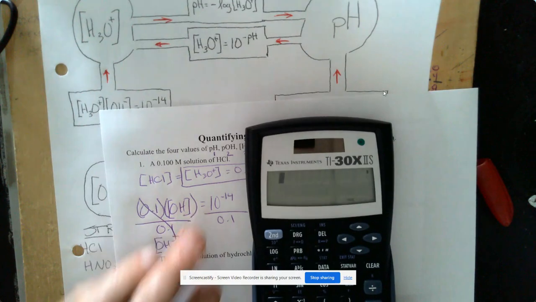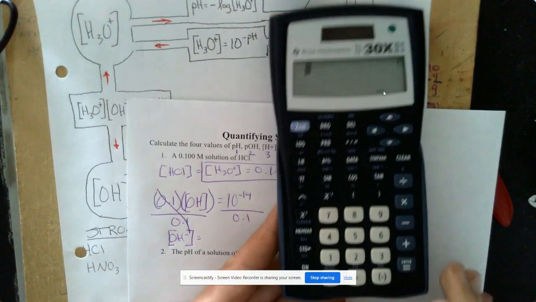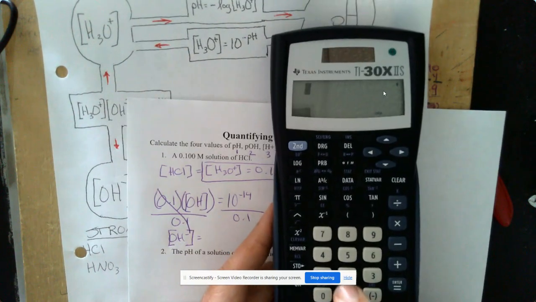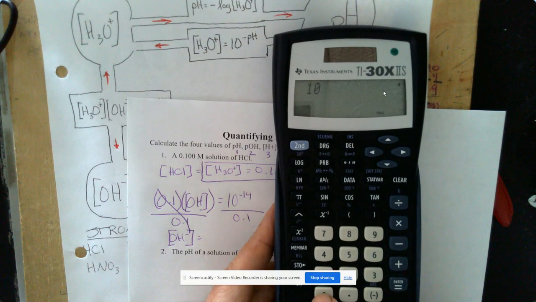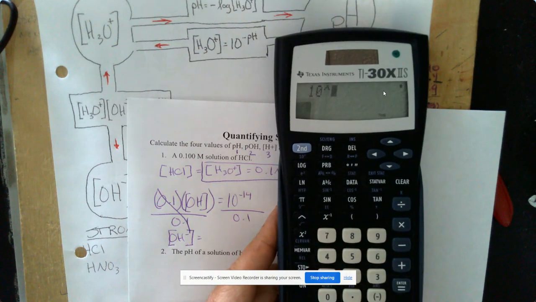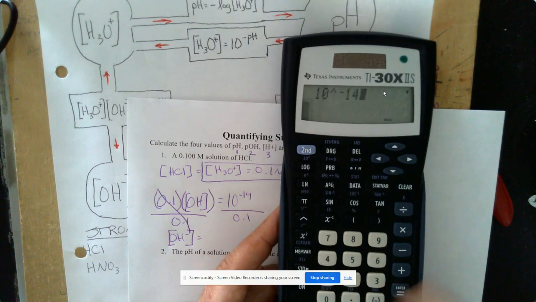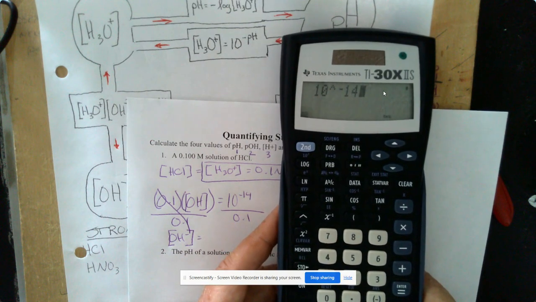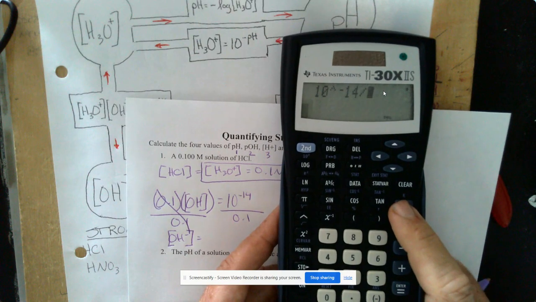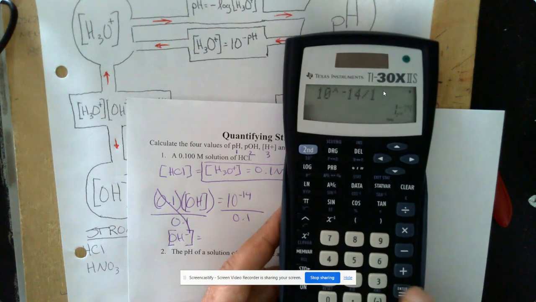Here's how you put 10 to the negative 14 into this calculator. All we're going to do is we're going to do 10, and then we're going to use this caret button right here, and we're going to say to the negative 14. And then we're going to divide it by 1. Boom.